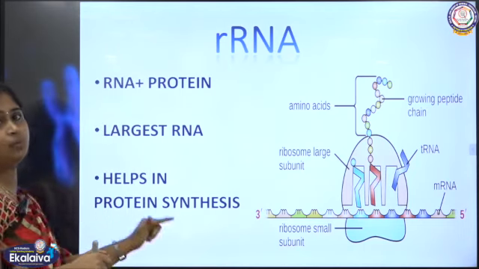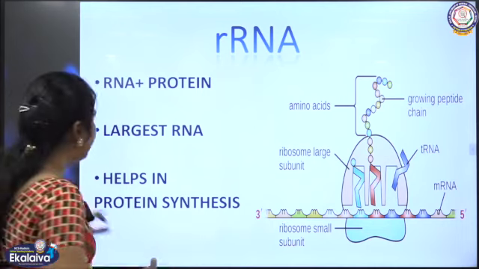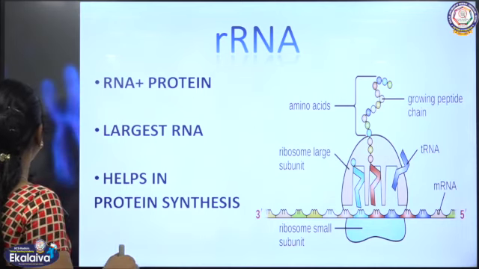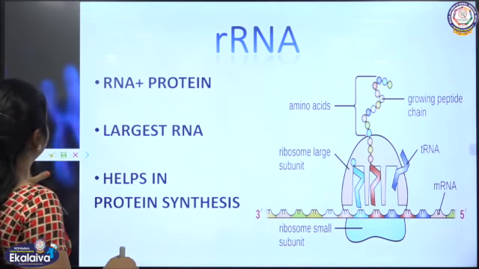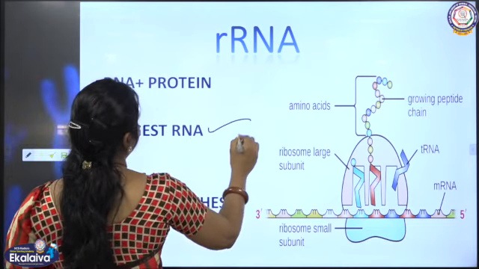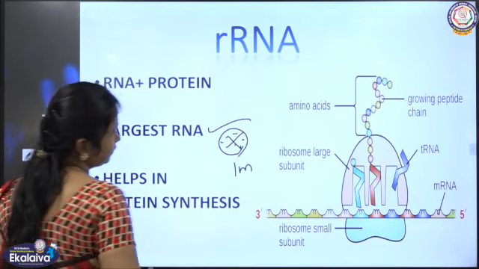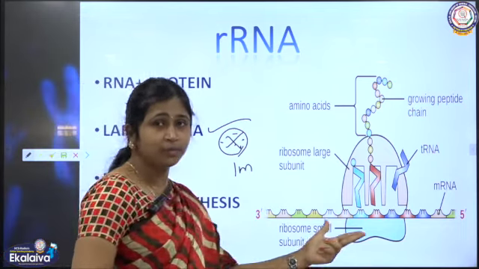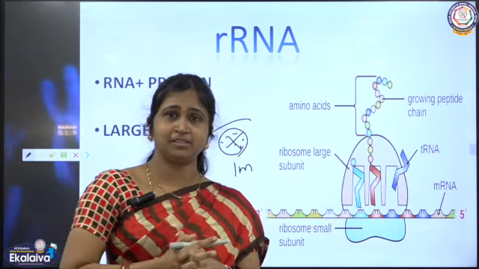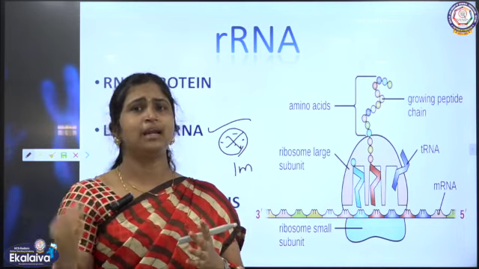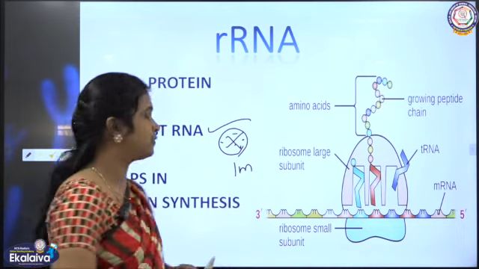It helps in protein synthesis. I'll just highlight which is the largest RNA, 1 mark based question. And you can see the ribosomal unit. Already we read in the molecular basis lesson, smaller subunit, larger subunit, right?